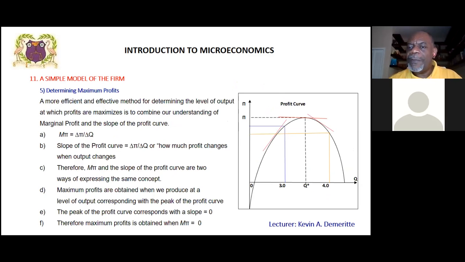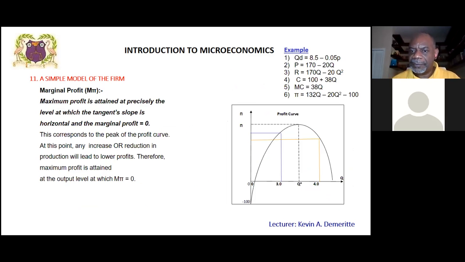Now, let's go back to our curve for a moment. Our inherent difficulty in our calculation is, if you look at this profit curve, it's not a straight line. It's not smooth. It's not even. So in essence, the slope or the rate of change is different at every point on this profit curve.